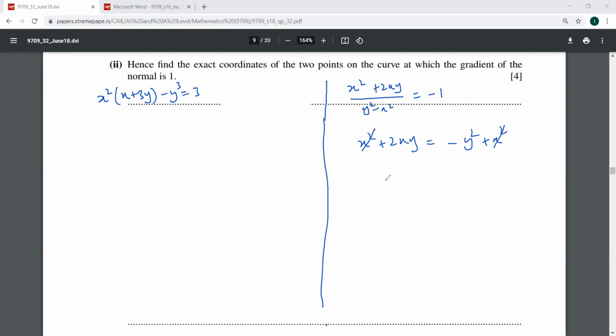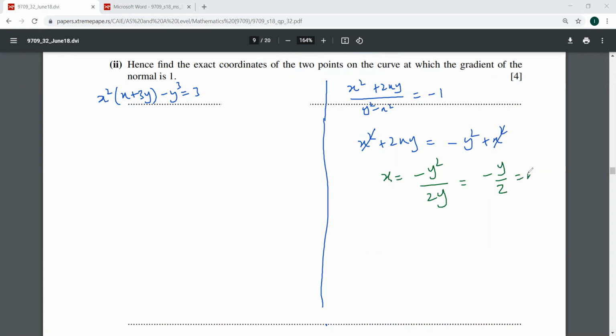Can I say that 2xy plus y square is equal to 0? I should let it be the way it is, and I'll take out y from here. So this gives me x is equal to minus y square over 2y, and that is minus y over 2.